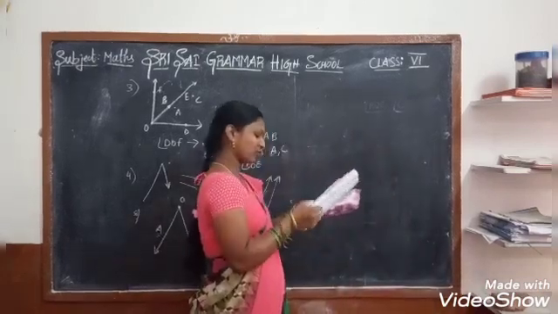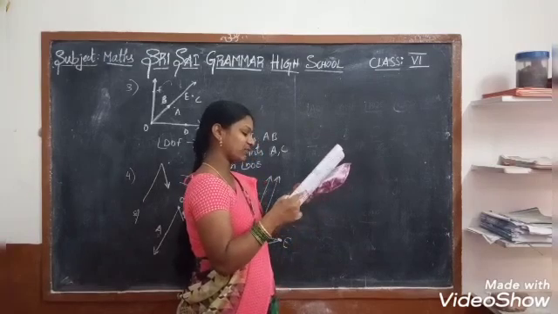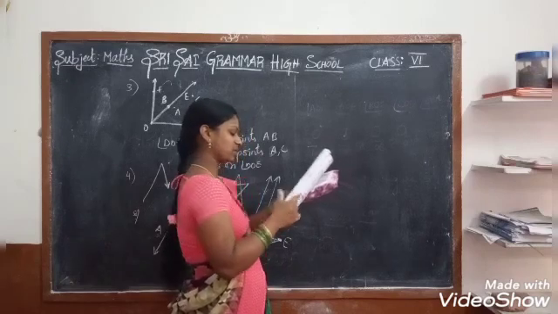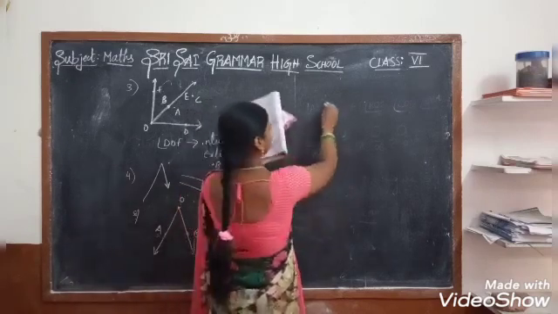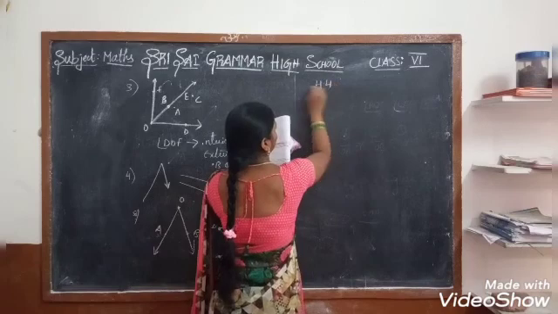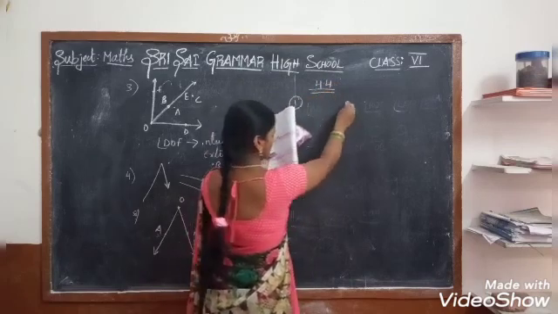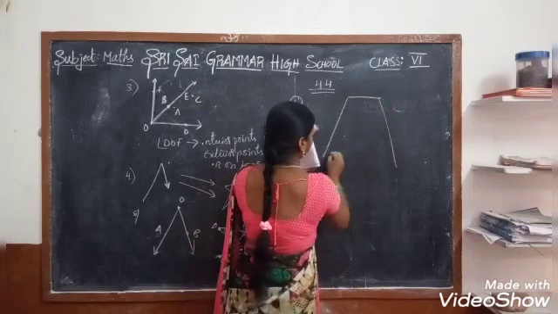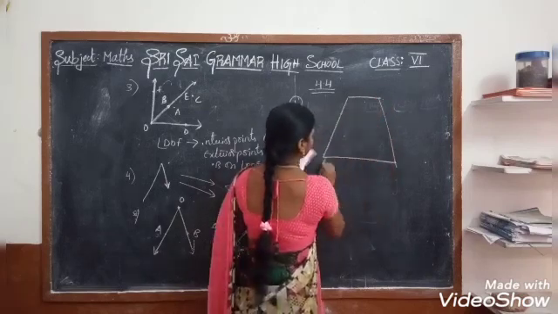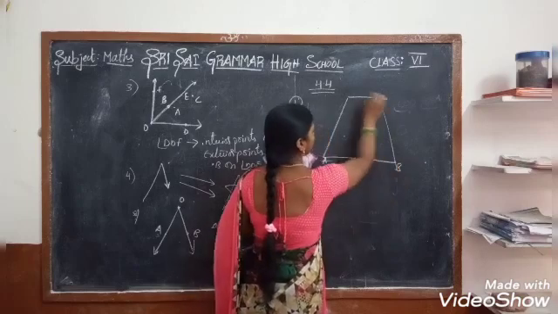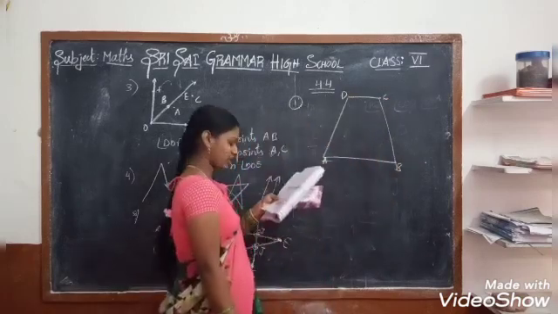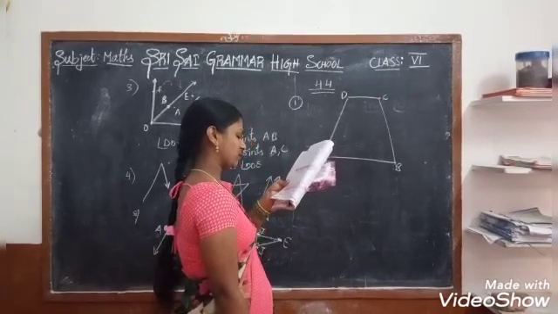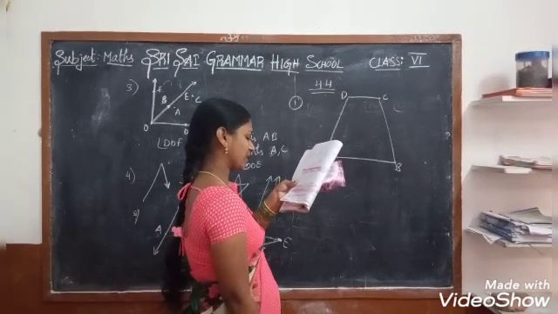In 4.4, mark any 4 points A, B, C, D and join them to make a quadrilateral. Name it. This is a quadrilateral. Name the quadrilateral formed by joining any 4 points A, B, C, D.